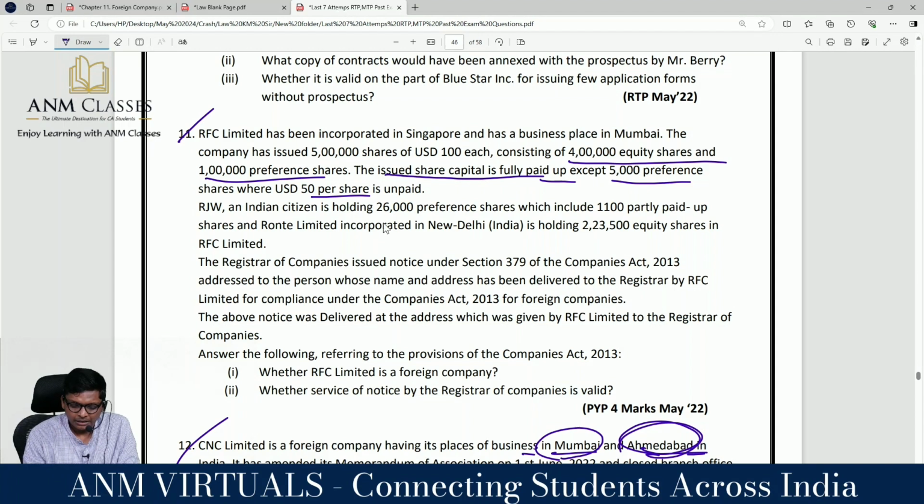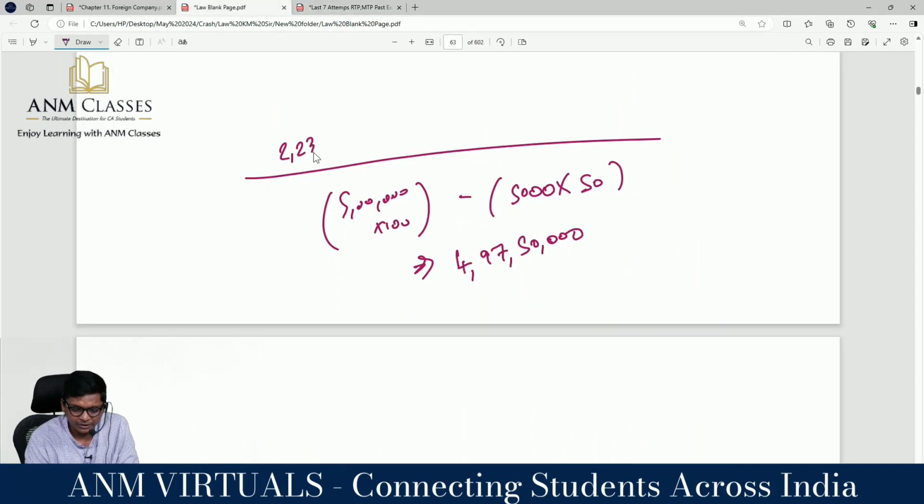Some guy is holding 26,000 preference shares which include 1,100 partly paid up shares, and Ronte has 2,23,500 shares. First let me do equity: 2,23,500 into 100. This is full.